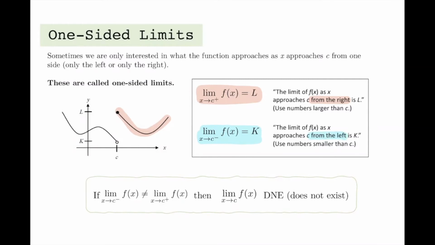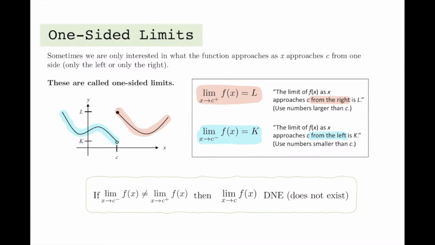Again, here we will use numbers that are smaller than c to plug into the function, or look as x approaches c from the left-hand side, if you're looking at a graph. So we can see here that we're only going to look at this part of the graph, and we're looking at what the y values are approaching as we get closer to c, and so that will give us a value of k.